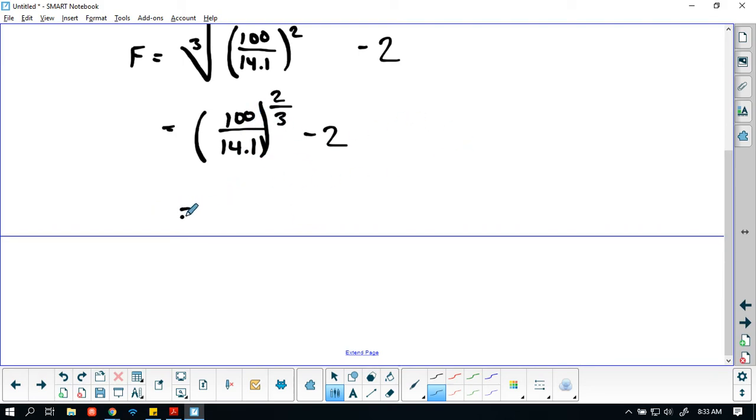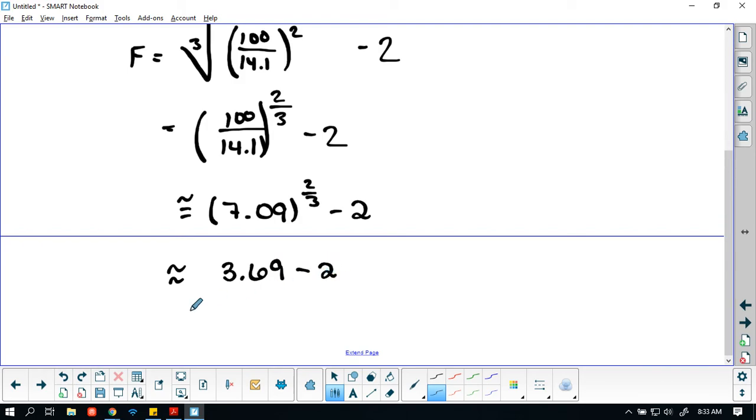I'm just going to divide 100 by 14.1, and we're going to get 7.09 approximately, to the 2/3 power, minus 2. And then raising this to the 2/3 power, we will get approximately 3.69, minus 2. So my scale rating is going to be 1.69.